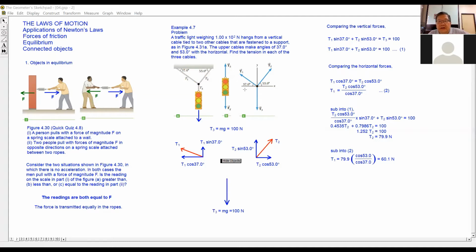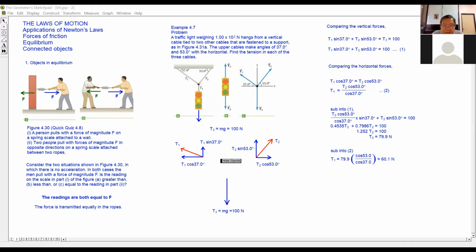So it is drawn on the right hand side here, right? The force diagram is here. Before we go on to the force diagram, what is actually happening here is a traffic light. A traffic light is hung with a rope of T3. The T3 rope number 3 hangs the traffic light vertically.